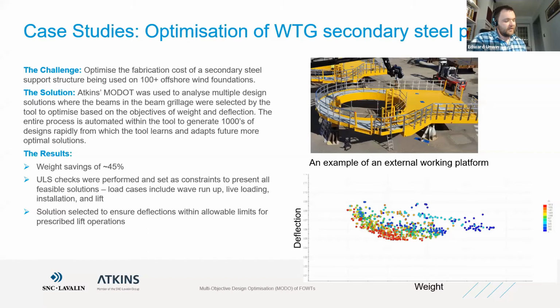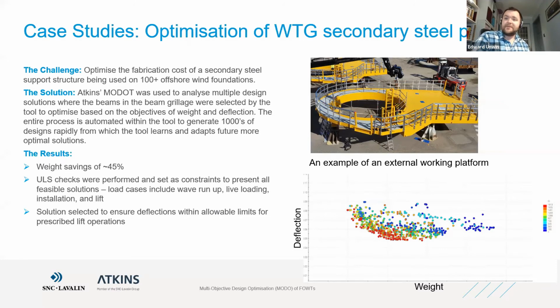We then said, right, can we please try and optimize this? Can we have another run at it, but use the optimization process rather than the more conventional design route we had beforehand, which effectively involved sketching what they had before and then doing some engineering for it. And we managed to save 45% weight on that external working platform.